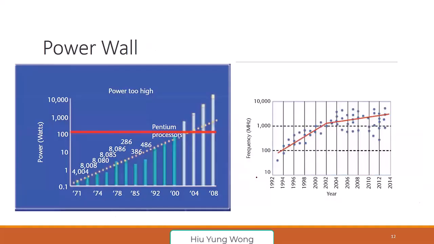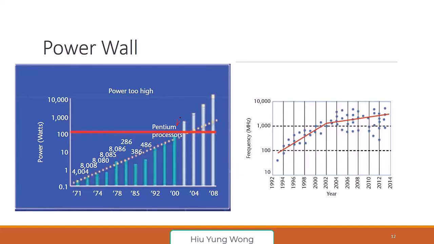Now, one problem that we are facing is the so-called power wall. So what does it mean? You look at this graph, the power keeps going up exponentially. And actually, this is very interesting. I went to grad school at that time, and they were all talking about this power wall problem. What they showed us in the picture is that you can use the Pentium processor to cook an egg.